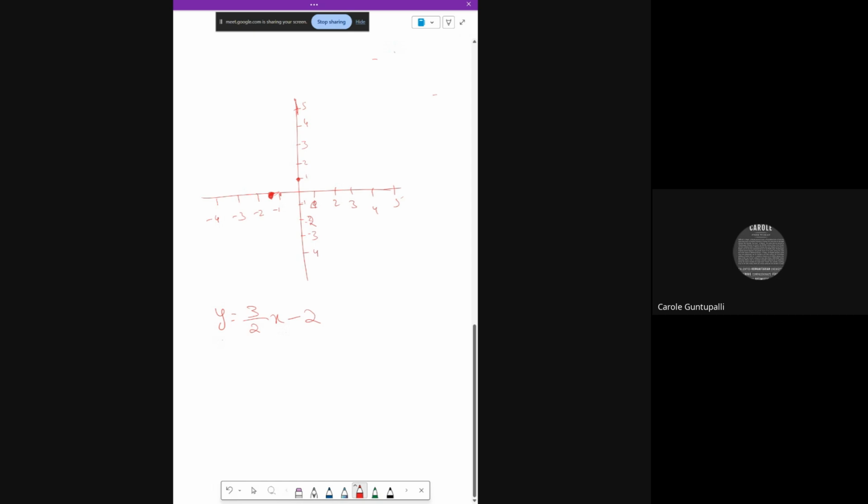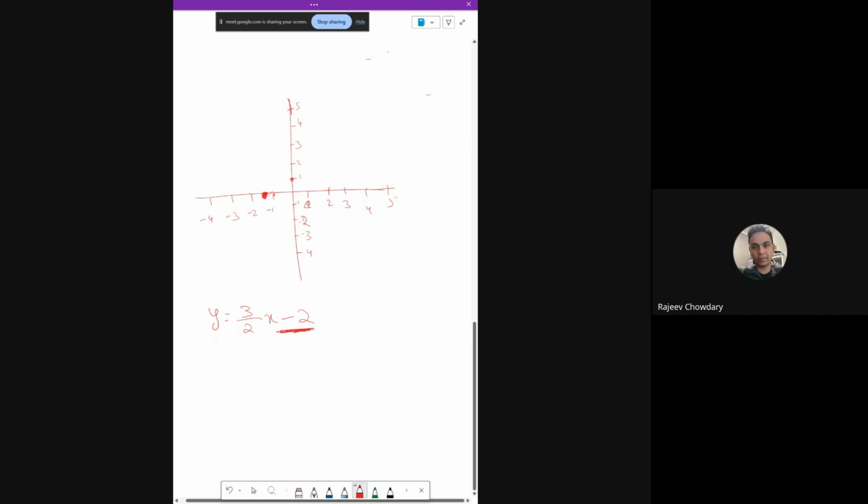So it is here, right? Where is this? Y is -2. So the starting point is -2 because this part, c, is -2. And then what do you do?